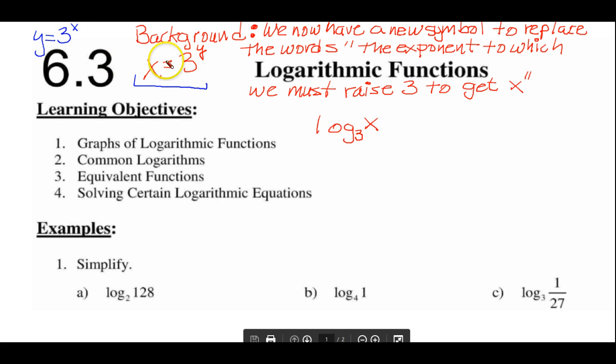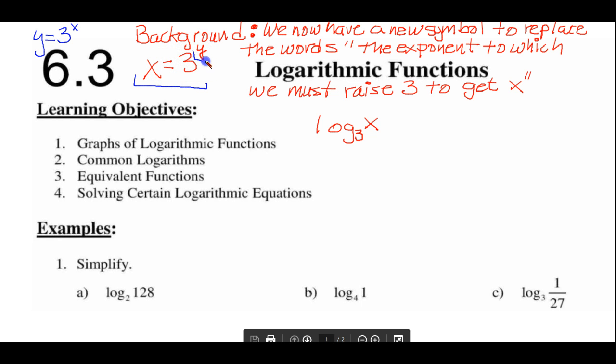Okay, let's see if we can read this a little bit. Now, let me take a step back here because it's not x, it's y.